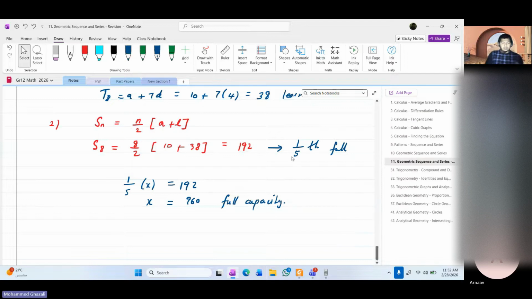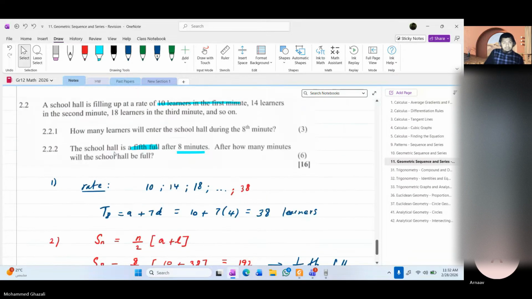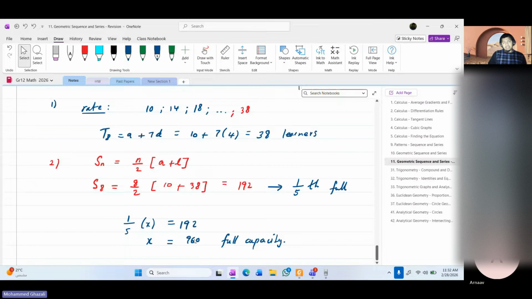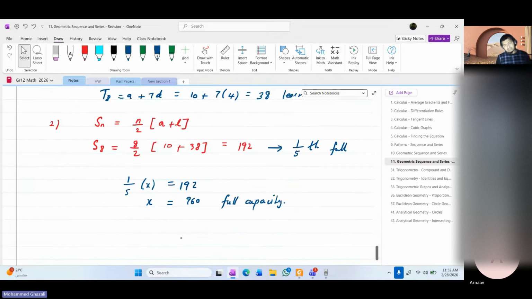So what is the question asking us for? After how many minutes will the school hall be full? So we are looking at 960, which is Sn, the full capacity. Remember, when you're calculating S8, it's the sum of all the numbers, so you get 192. So this will be full capacity.